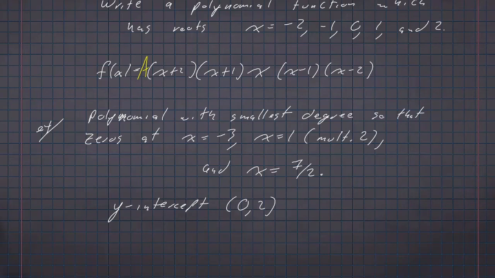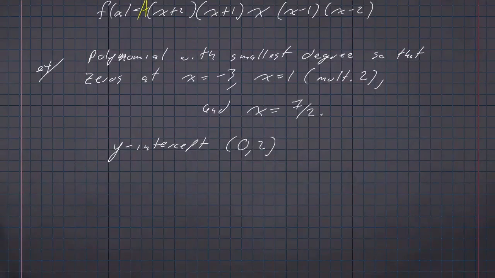All right, now let's take it a step further. Not just any function, we want the polynomial with the smallest degree that exhibits this behavior. In order to do that, we can put some coefficient a in front.